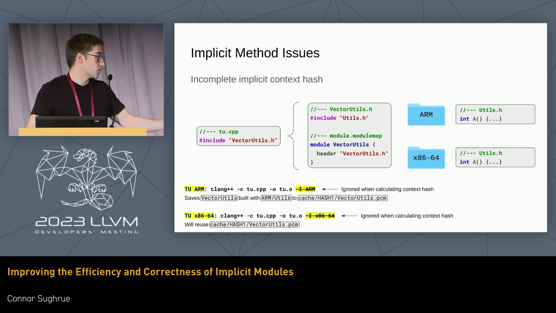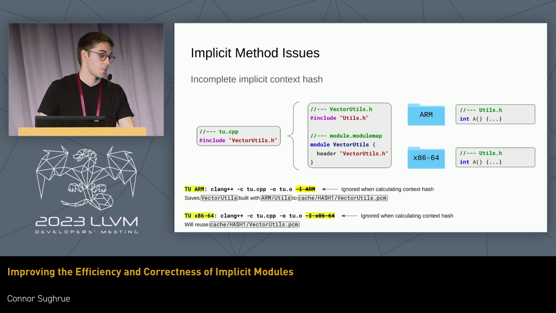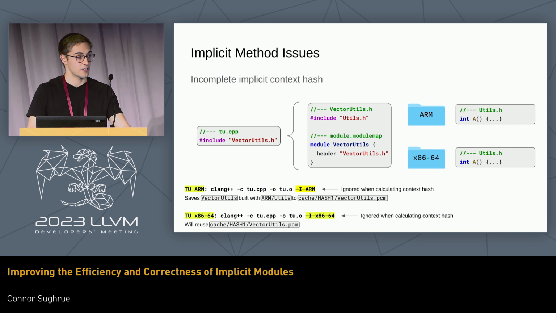Now the build system goes and executes the second command line labeled tu-x86. It begins in a very similar way. The compiler begins to build tu.cpp and encounters an import for vector utils. It goes to calculate the context hash of the required module that it wants to import. Because the search paths aren't included in that context hash, the context hash for the required module actually matches the context hash for the cached version of vector utils that was just built with ARM utils.